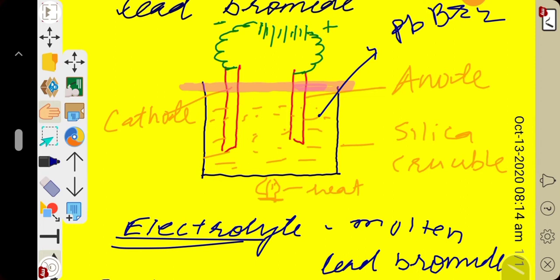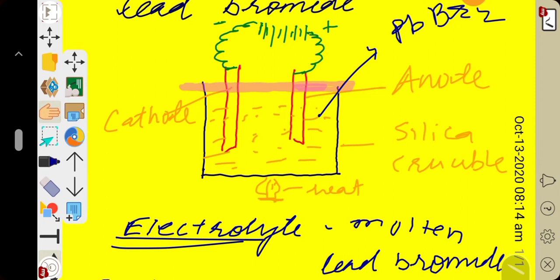When Pb2+ migrates toward the negative electrode, we know the negative electrode is an electron rich electrode. Pb2+ needs 2 electrons so that Pb can become neutral lead. So at the cathode, when Pb2+ arrives, it will gain 2 electrons in the process of reduction and convert into neutral Pb metal.